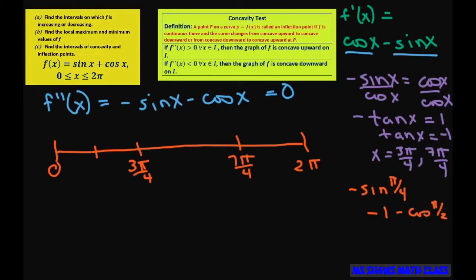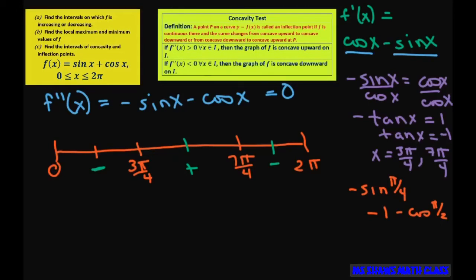So this is just going to be negative. And then here we can plug in pi, and that's going to give us a positive. And here we can plug in, let's say, 11 pi over 6, and that's going to be negative.